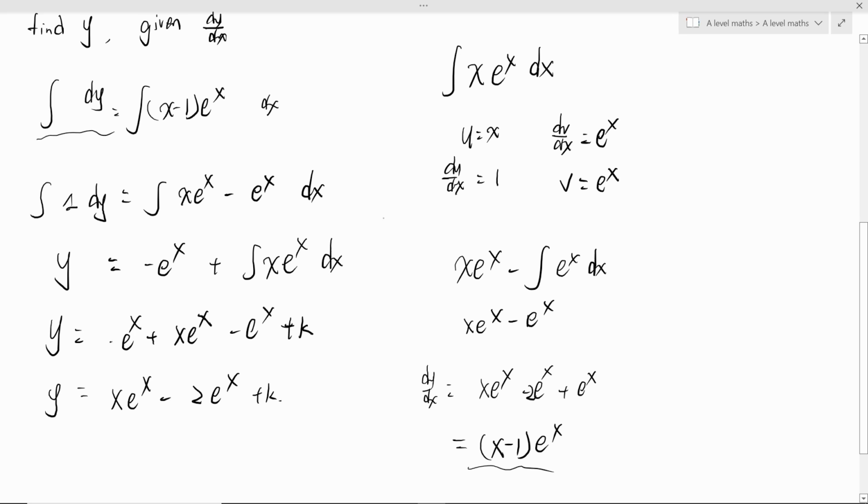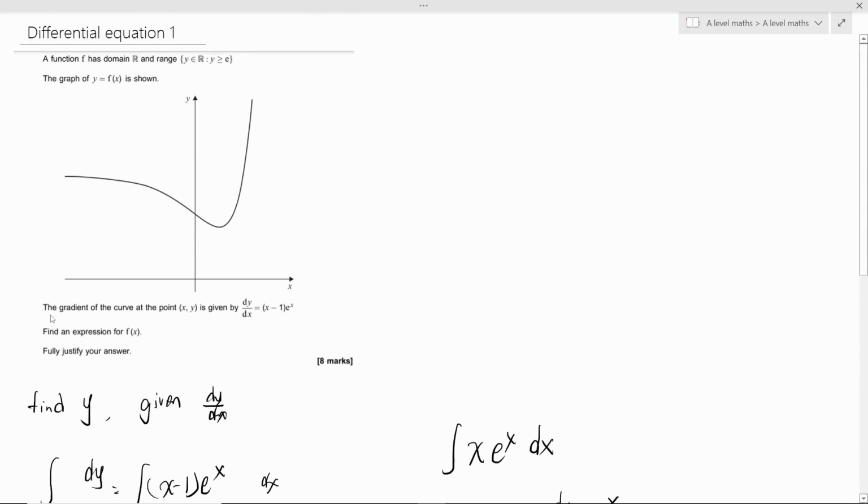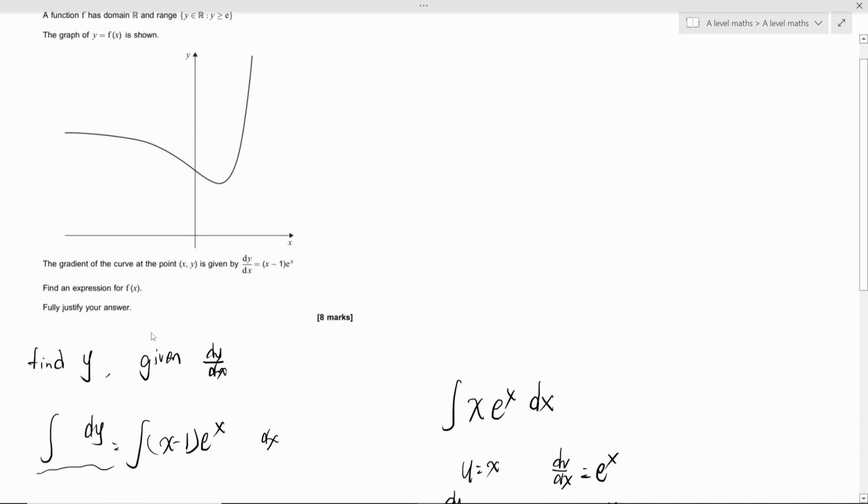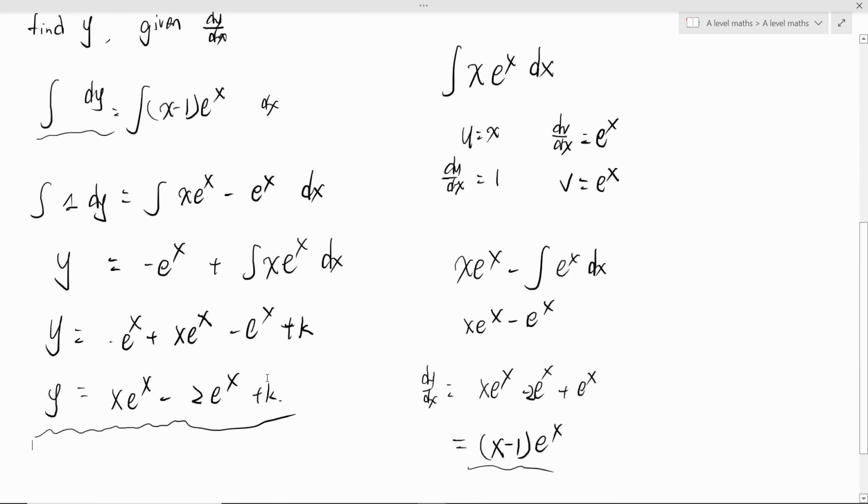So we now know that our objective function y must be of this form. However, this question definitely asks for an explicit expression for f(x). You can't just keep the constant here.